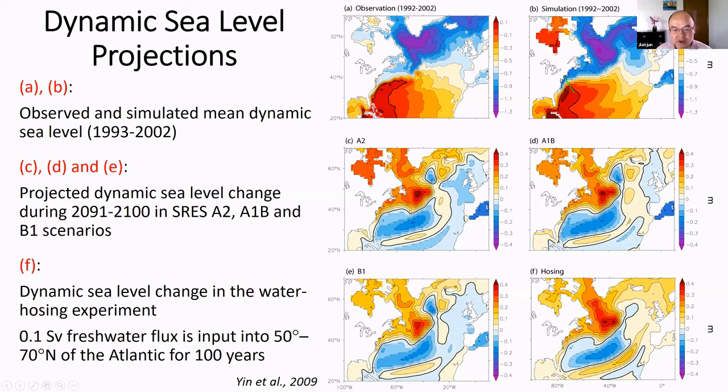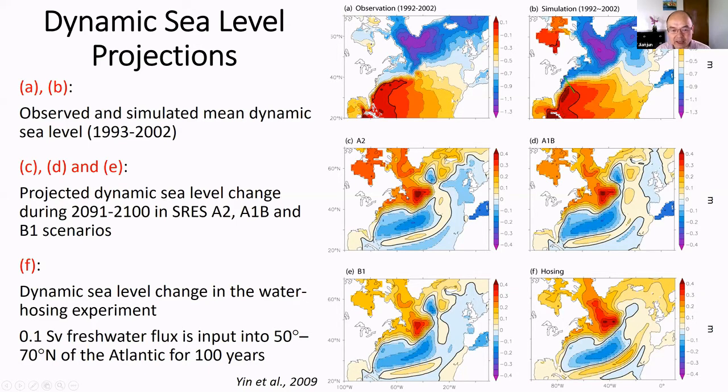You can see in response to external forcing, the dynamic sea level rises north of the Gulf Stream and along the northeast coast of the US and also the east coast of Canada. At the same time, the dynamic sea level falls south of the Gulf Stream. Due to this pattern, the sea level gradient across the Gulf Stream declines.